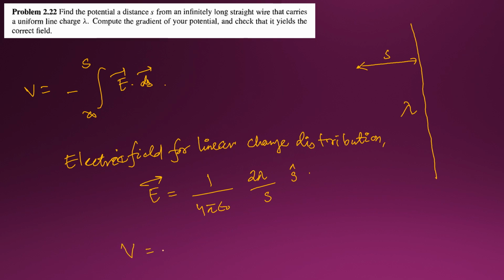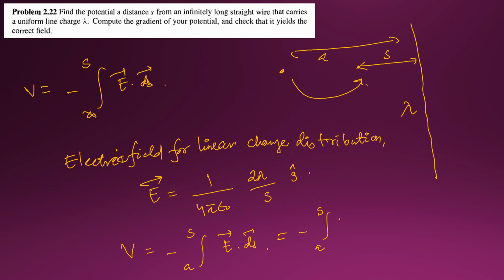So v is equal to, see here, let me take the charge from a distance a to s. So I will take the limit as a to s, E dot ds.